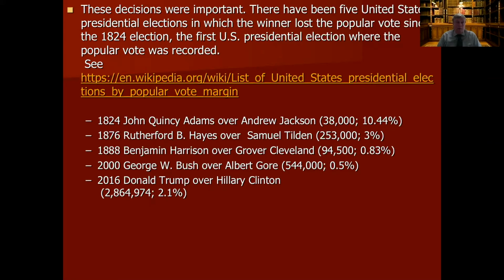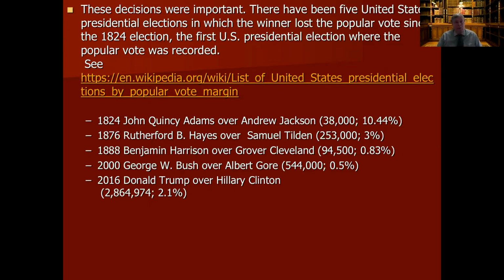You may or may not remember that Grover Cleveland had been president since 1884. He was defeated in 1888 by the electoral vote, but then he became president again in 1892. And so he had a split presidency.